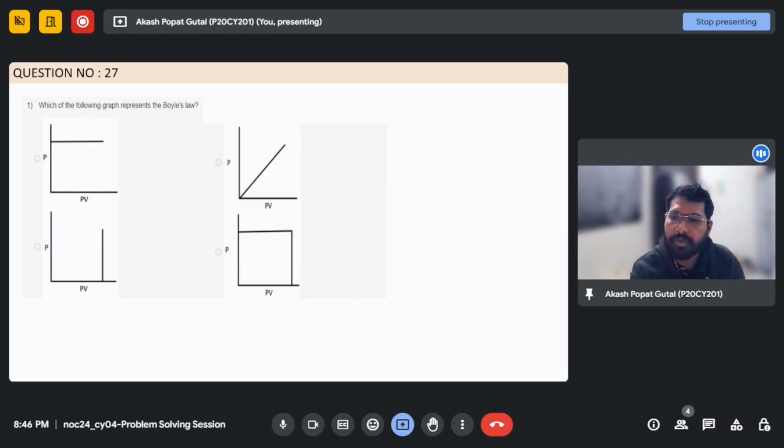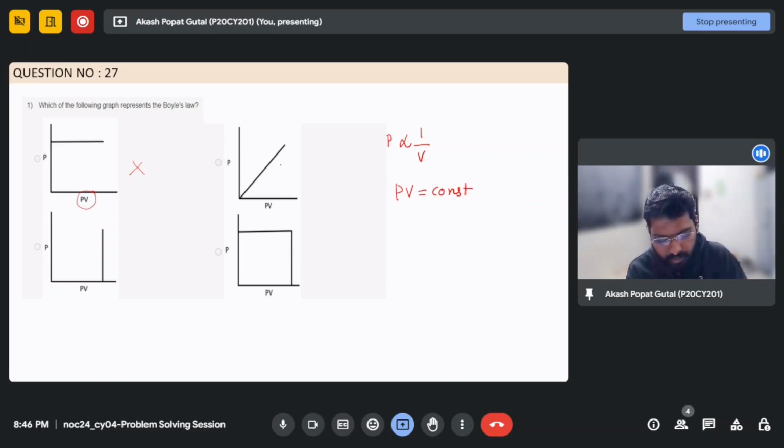So the 27th question is, which of the following graphs represents Boyle's law? Boyle's law is actually P is inversely proportional to volume. As you can see, in the first graph PV is changing, which means PV is not constant, so it will not be Boyle's law.